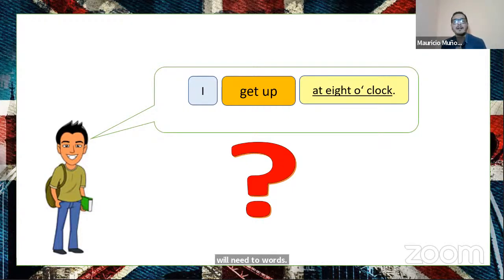These two words are called auxiliary verbs. In the present simple tense, we have two auxiliary verbs. Do you remember what those words are? Yesterday we practiced something about that.